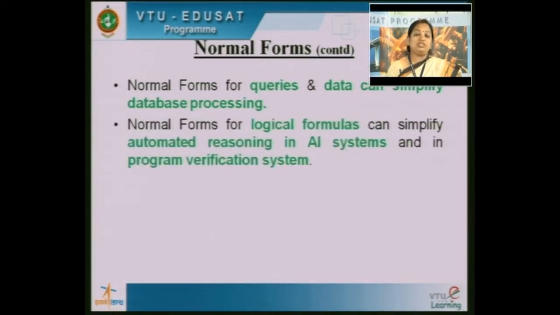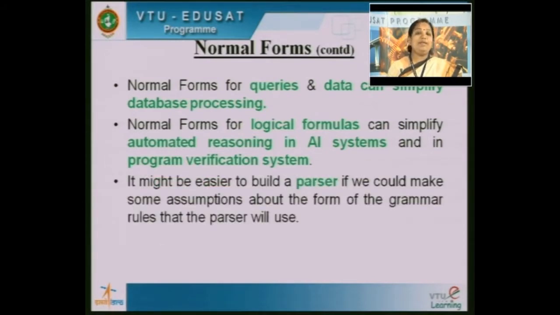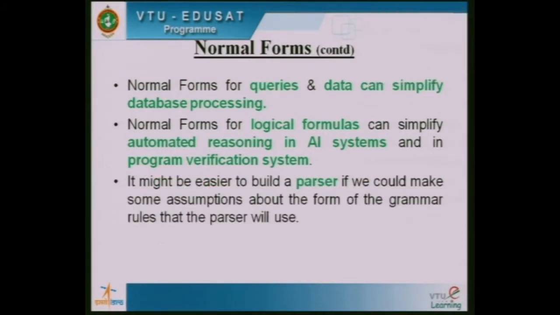Normal forms for logical formulas can simplify automated reasoning in AI systems and in program verification systems. It might be easier to build a parser if we make some assumptions about the form of the grammar rules that the parser will use.